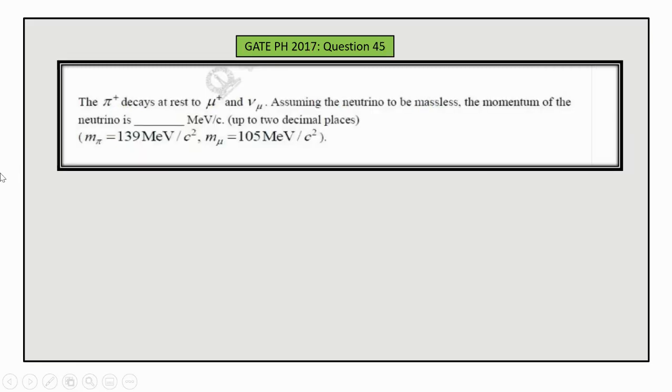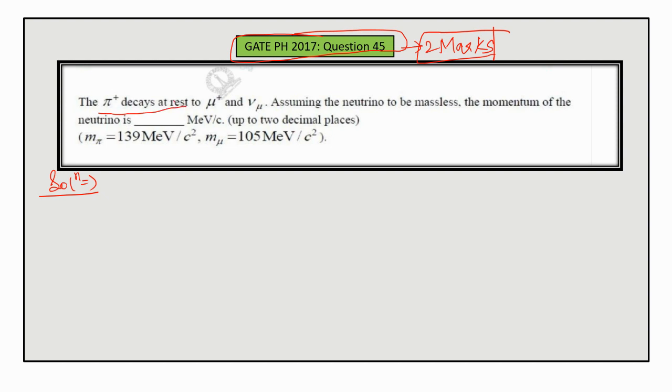Next question. This is again a 2017 question, GATE 2017, question 45, and I think this is of 2 marks. We'll do this question. First, I will read this question.